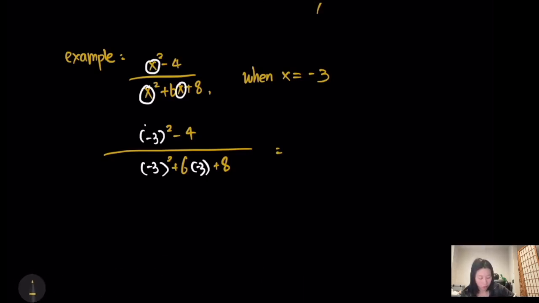Another reason I want to put parentheses to replace x before you substitute a number is that whenever there's a negative sign, you know with the parentheses that you need to square the whole negative number. Instead of written in this way, during your calculation, you might forget that the negative sign also needs to be squared.